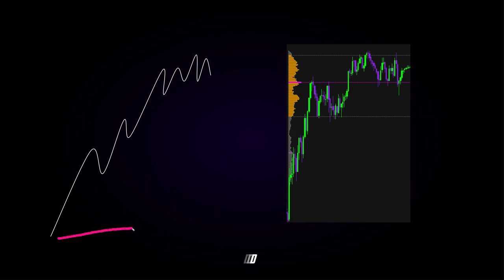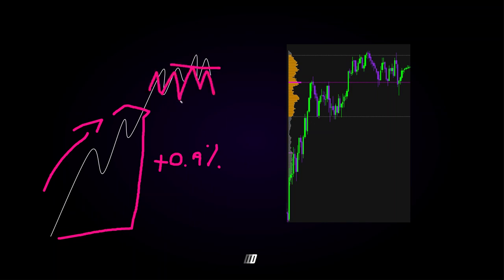Well, if in the first part of the session we already did plus 0.9%, we went up almost 1%, there's a higher chance that after all of this aggressive buying, we'll finally find a situation of balance, okay?